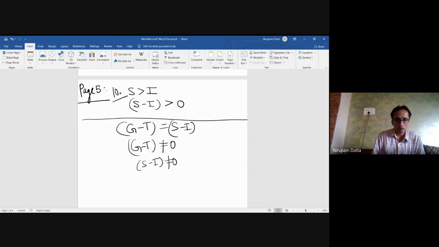Because I have said one thing, that S should always be equal to I. This is the identity which we have in the case of a two-sector economy, that is, actual savings should always be equal to actual investment.